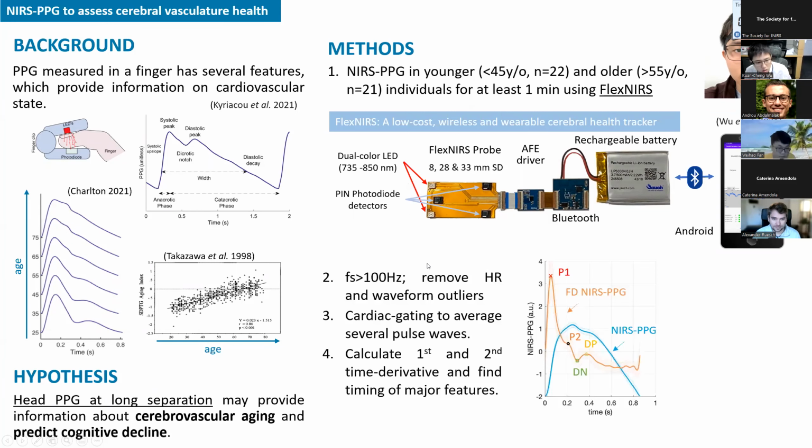First we removed the irregular heartbeats and heart rates from the PPG, and then we did a cardiac gated averaging of the measurement, calculated the time derivatives, and found the features within these pulse waveforms. Here we found that in the first derivative, if you look at the ratio between the first two peaks, there is a strong correlation between the older and younger generation.